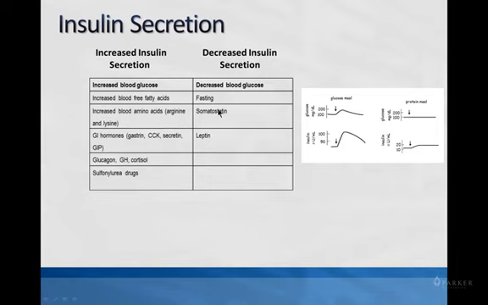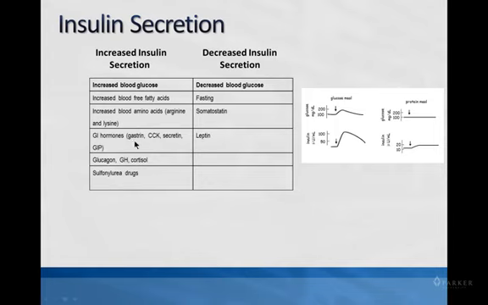So if we go back over here at the chart, so we'll discuss some of the other things. Let's look at some of the GI hormones. The GI tract produces its own hormones. They're involved in controlling secretions, motility, digestion within the GI tract. So think about it.